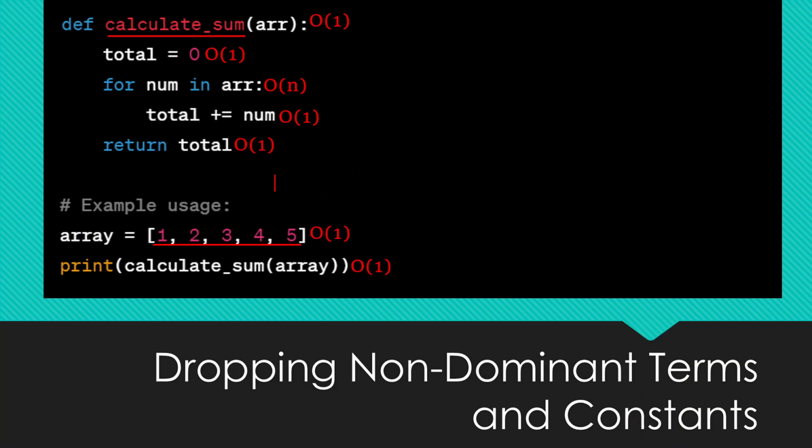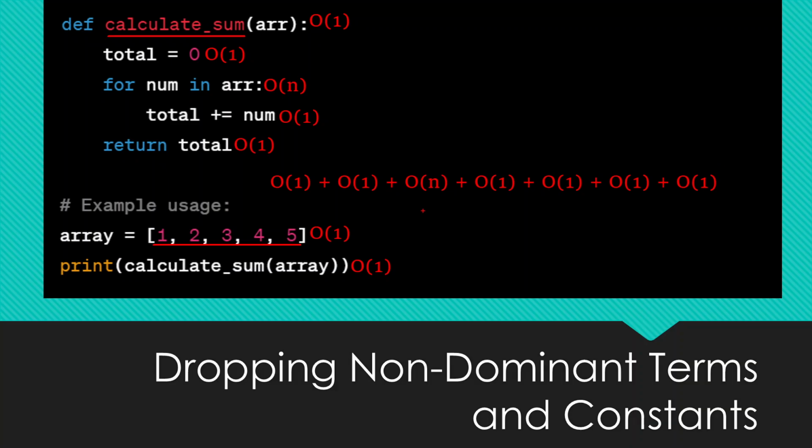We will do from the very top O of 1 plus O of 1 plus O of n plus O of 1 plus O of 1 plus O of 1, and lastly plus O of 1, like that.